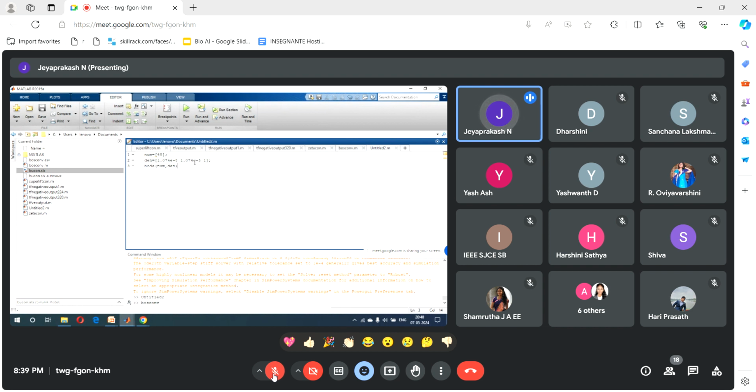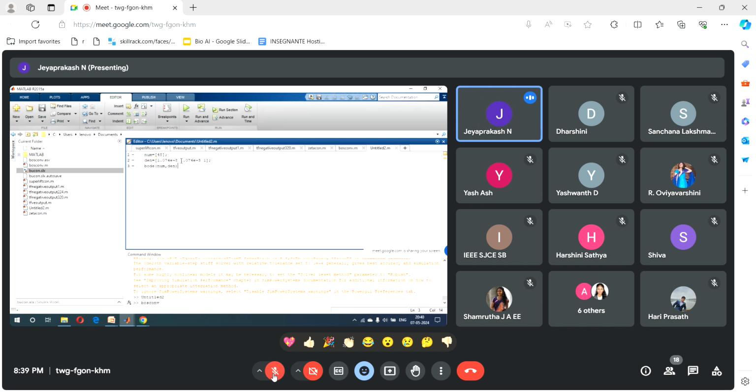If all the denominator values are positive, the system will be stable. If any one of the values in the denominator is negative, the system will be unstable. Whatever the problem, from the problem itself we can conclude whether the system is stable or not.